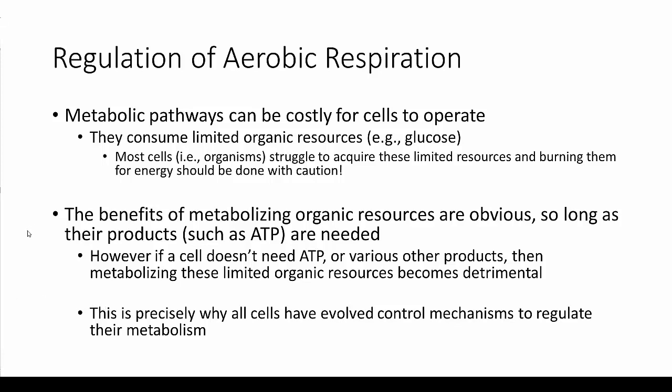When a cell already has ATP, burning more glucose, for example, will simply result in a waste of ATP. So the cell can only use so much ATP at one time, and continuing to burn more and more in the short term is actually a waste.